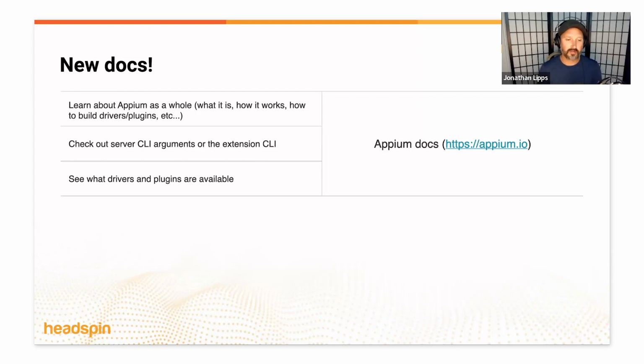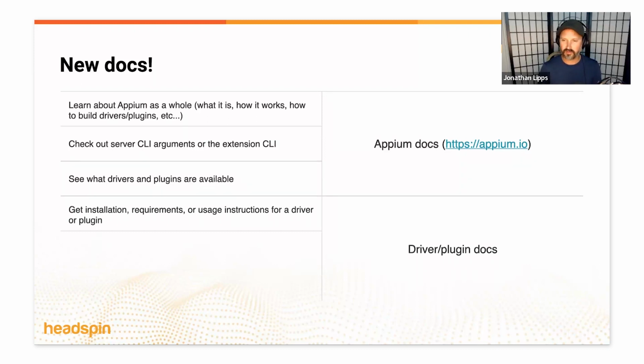If you want to see what drivers and plugins are available, we have a list of them at the Appium docs. On the other hand, if you want to do something related to a specific platform or a specific plugin, you want to go to the documentation for that specific driver or that specific plugin. So if you want to figure out how to install or use the XCUITest driver, you don't go to appium.io.